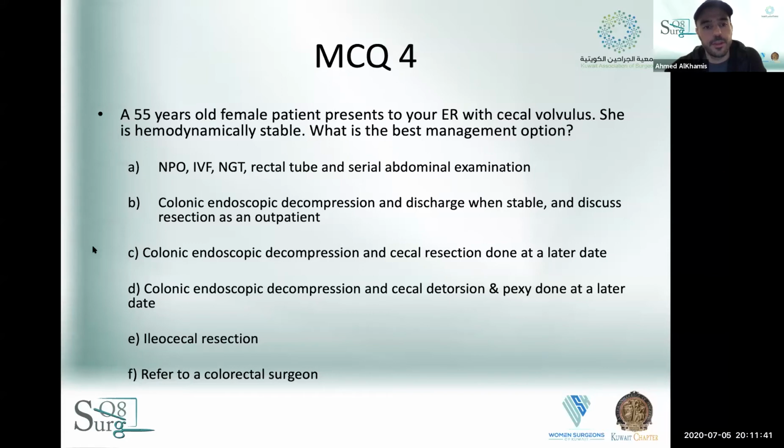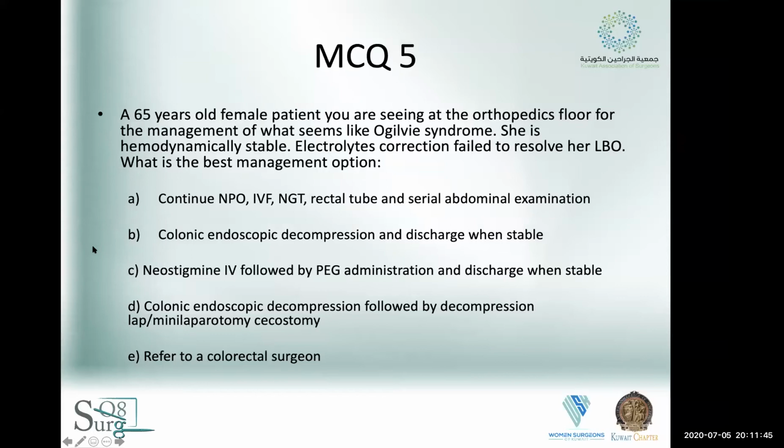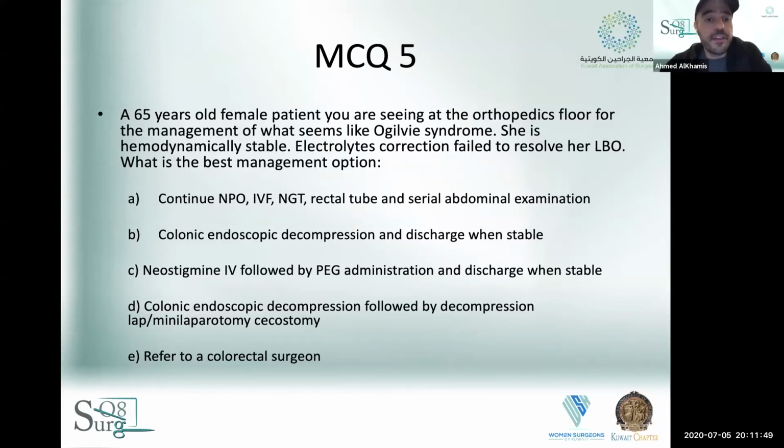Okay, we're going now to the last question, 5. It's a 65-year-old female patient. You are seeing a typical story on the orthopedics floor for the management of what seems like, somebody already gave you the diagnosis, Ogilvie syndrome, pseudo-obstruction. She's hemodynamically stable. They've already tried to correct the electrolytes and failed to resolve the large bowel obstruction from the Ogilvie. What is the best management option?